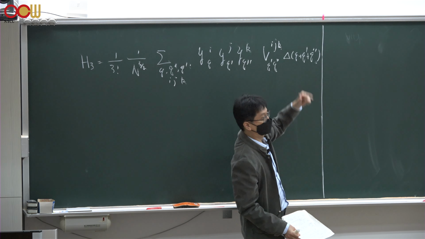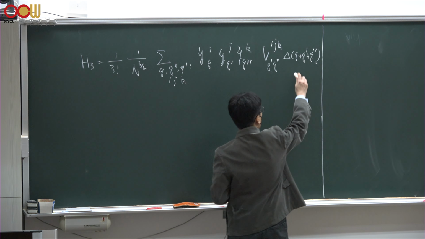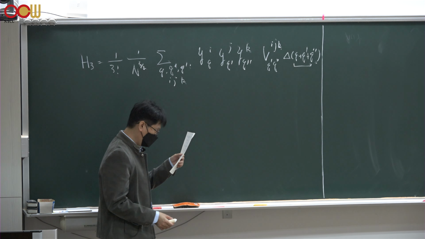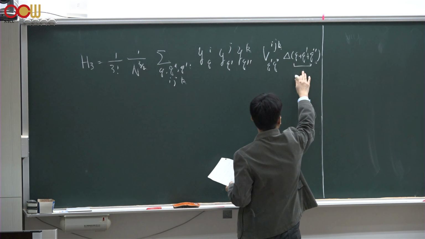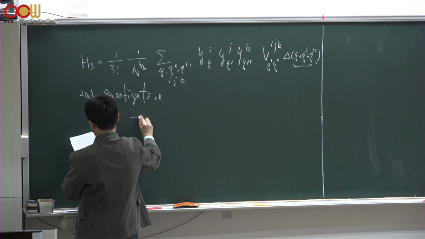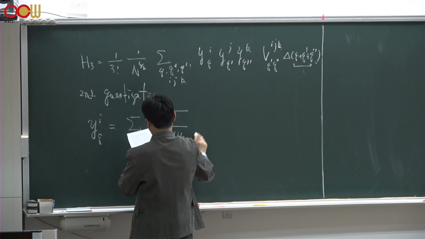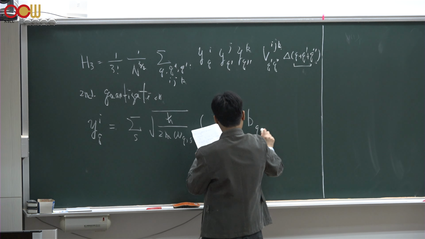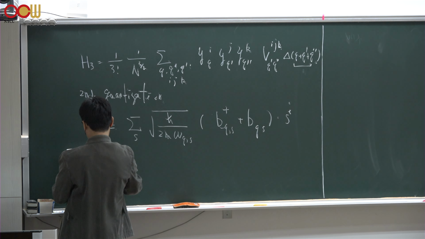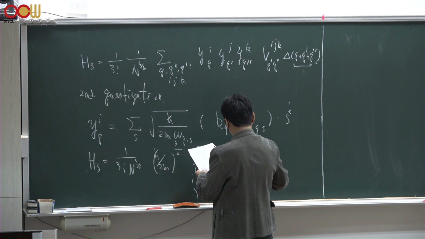And we get this lattice delta function, which is the condition that we need to satisfy in order to have finite contributions, which means that q plus q prime plus q double prime should be 0. In a similar manner to how we defined the free phonon, we could also define this anharmonic term, and this is nothing but a cubic term in the A, A dagger or B, B dagger.